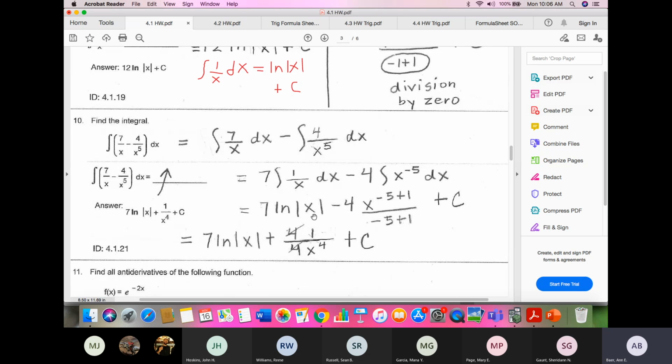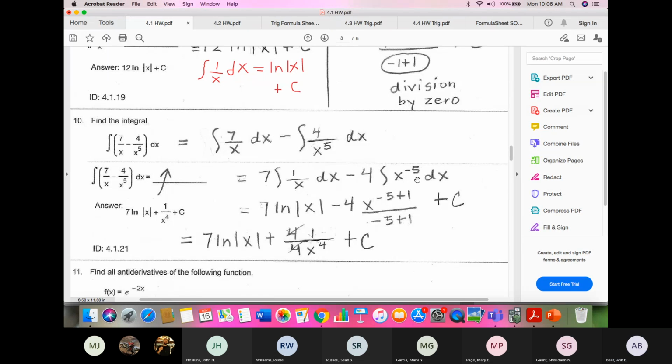So we get 7 ln of absolute value of x minus 4. We can use the power rule here because our entire integrand, everything in here except for the dx, is called the integrand. This is x to the negative fifth. This is the integral sign.